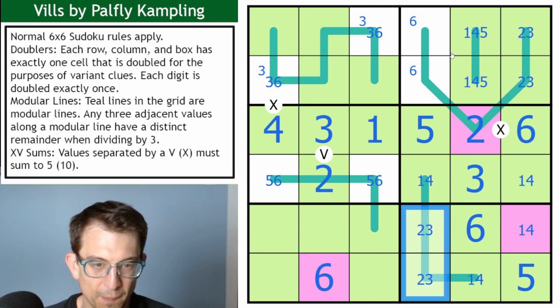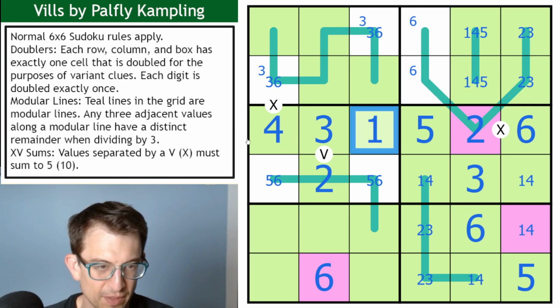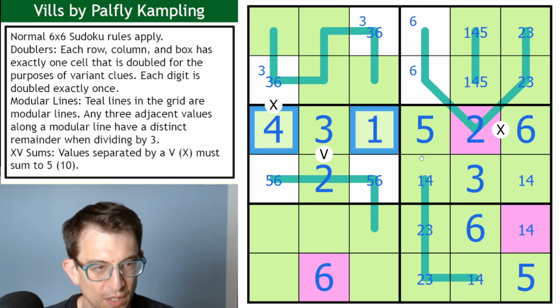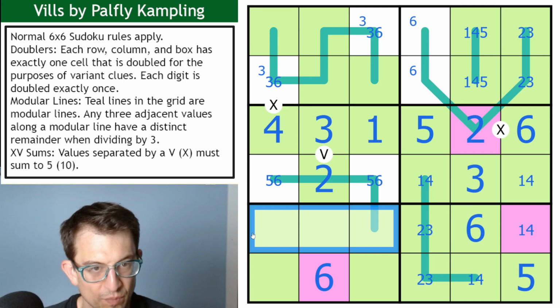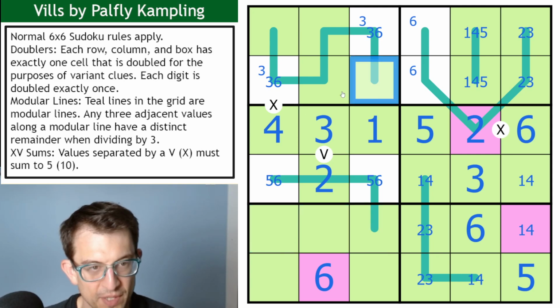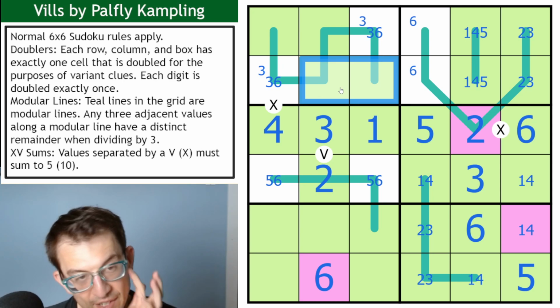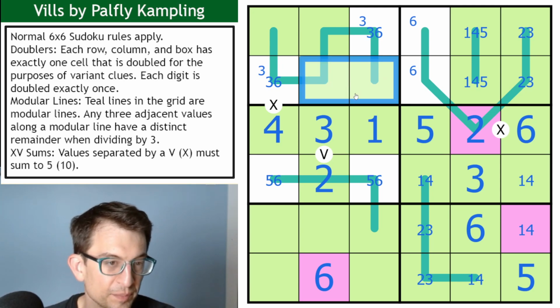How am I going to resolve those 1, 4s actually? Maybe these, I suppose. Maybe it's this now. So this is either 1, 4 or 2, 5.